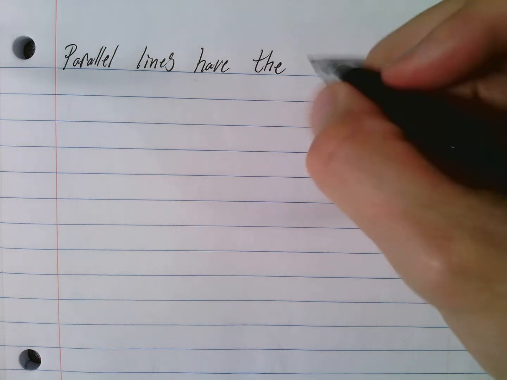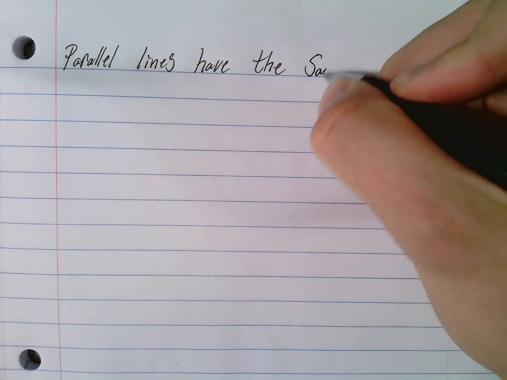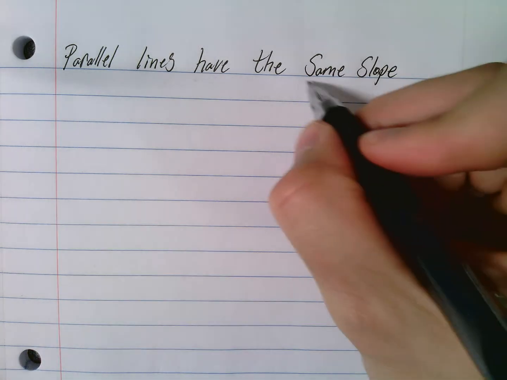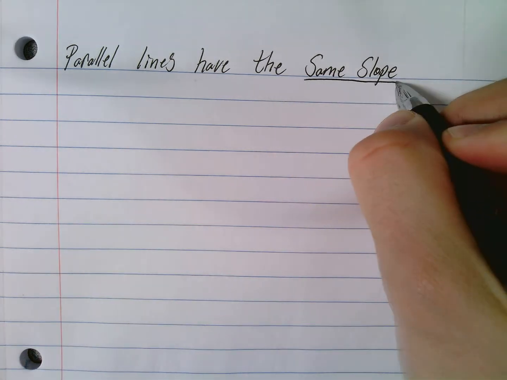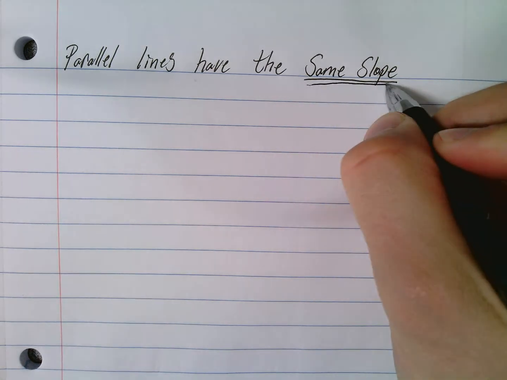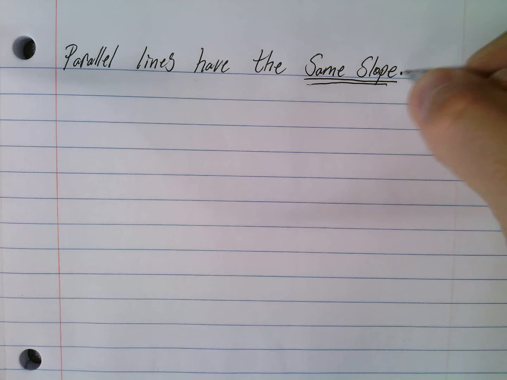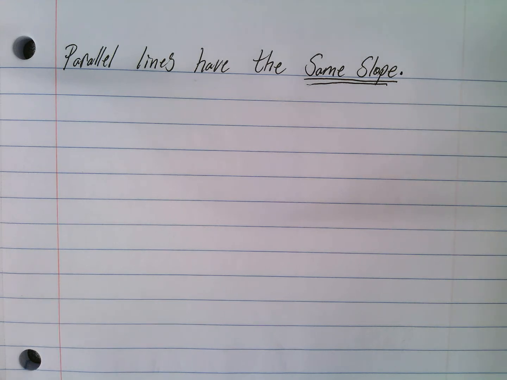The same slope. Good. The parallel lines have the same slope. We talked about this earlier this year, and it's critically important when we're talking about parallelograms. Remember, parallelograms have how many sides that are parallel? 2 pairs of parallel sides, right? So all 4 sides are parallel to another side.